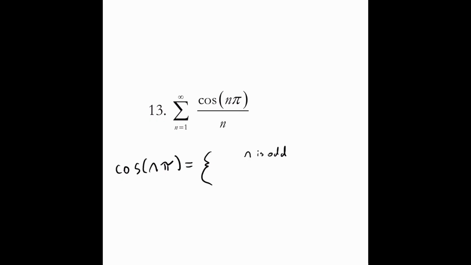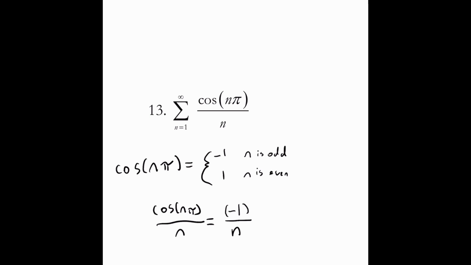That's where we're all the way across in the unit circle, which means we're going to be -1. If n is even, that's going to look like cosine of 2 pi, which is going to be +1, perfect. So really, we can write cosine of n pi as -1 to some power, because all it's doing is flipping back and forth between -1 and 1.